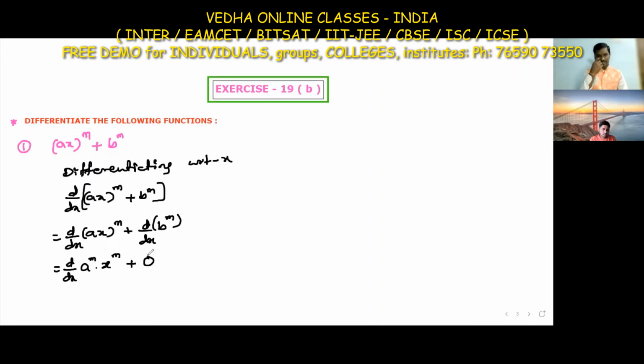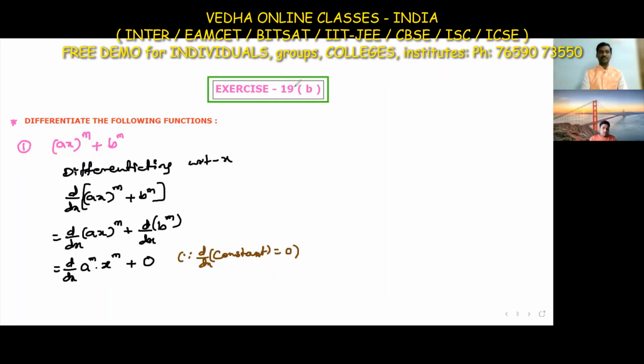So I am writing 0 here. That is nothing but d by dx of a constant, and d by dx of a constant is equal to 0.